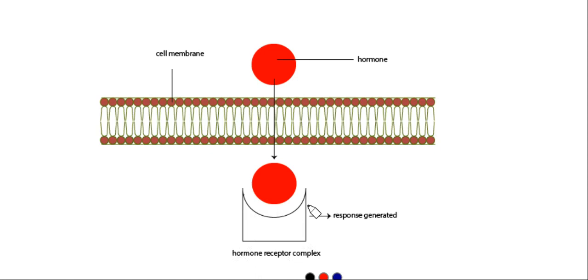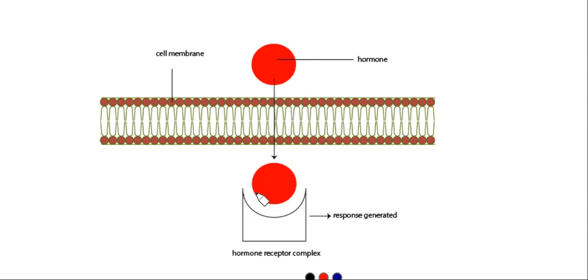As you can see here, there is a receptor present inside the cell. Now this is only for the steroid hormones. As I said earlier, steroid hormones are made of lipids, mainly from cholesterol. So this hormone is also a lipid and this bilayer is also a lipid bilayer, so it can actually go through this.